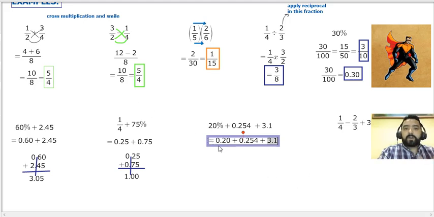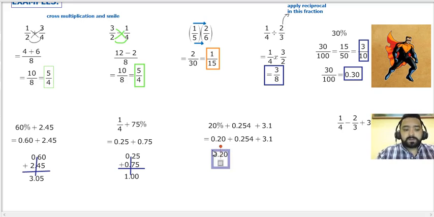Remember, first from left to right, because it's like PEMDAS, which means the order of operations. First, I'm going to add these two numbers. Or you can do the three of them lined up: 0.20 plus 0.254. Remember, you have to line up, plus 3.1.